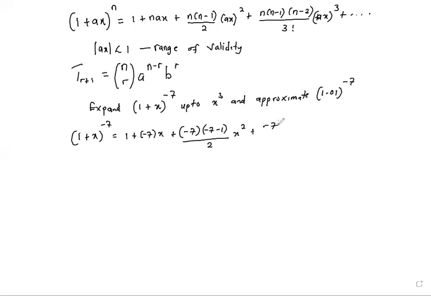And then minus 7 and minus 7 minus 1 and minus 7 minus 2. And we are dividing by 3 factorial, which is 3 times 2. And then x power 3.